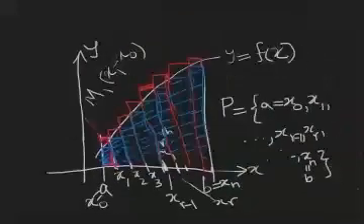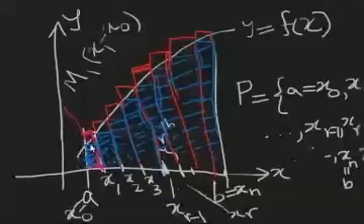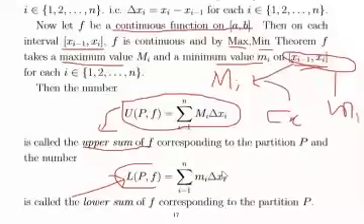So if you consider the sum of these lower sums, the sum of these areas of blue color rectangles is denoted by capital L, the lower sum of f corresponding to the partition P, right?